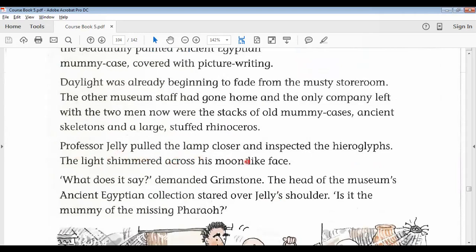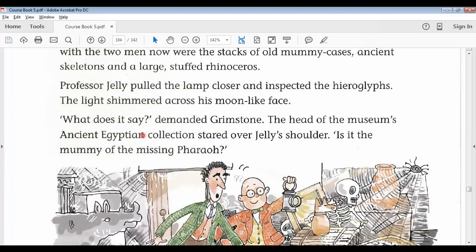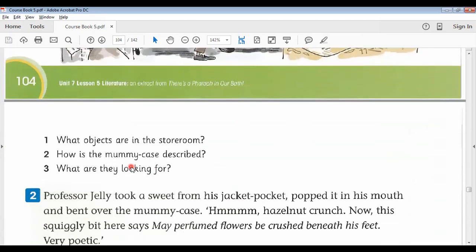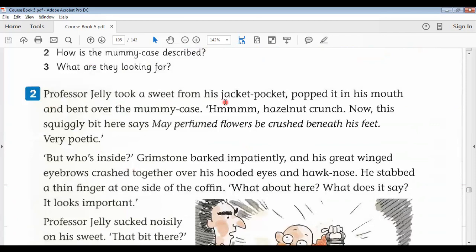Professor Jelly pulled the lamp closer and inspected the hieroglyphs. The light shimmered across his moon-like face. "What does it say?" demanded Grimstone. The head of the museum's ancient Egyptian collection stared over Jelly's shoulder. "Is it the mummy of the missing pharaoh?" Part 2. Professor Jelly took a sweet from his jacket pocket, popped it in his mouth, and bent over the mummy case. "Hazelnut crunch. Now, this squiggly bit here says, 'May perfumed flowers be crushed beneath his feet.'